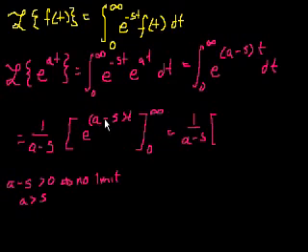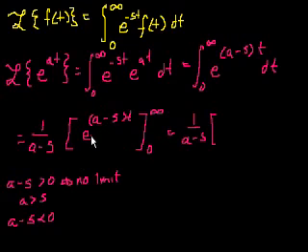Now, what happens if a minus s is less than 0? Then this is going to be some negative number, right? And if we take e to an infinitely negative number, then that does approach something. That approaches 0, and we saw that in the previous video.